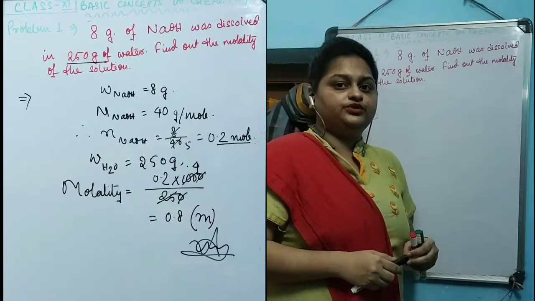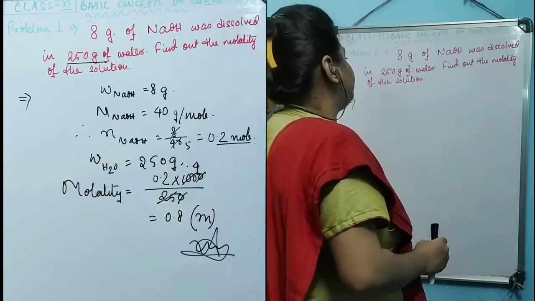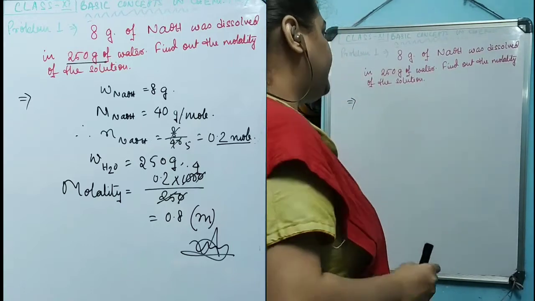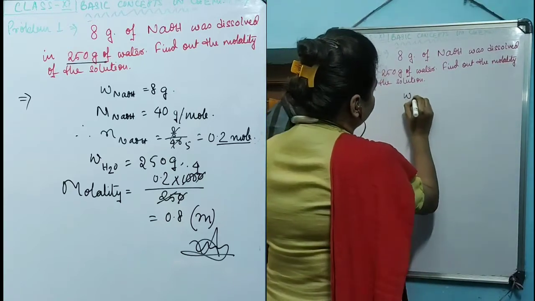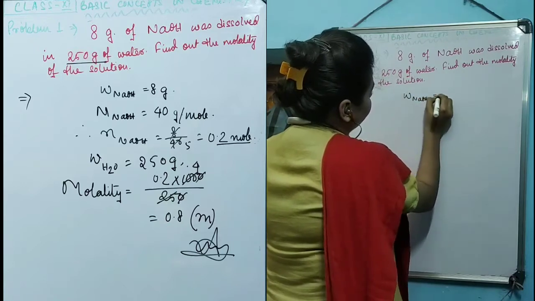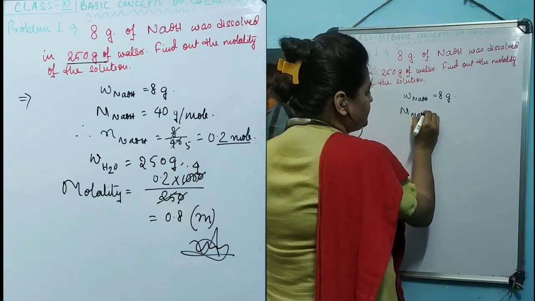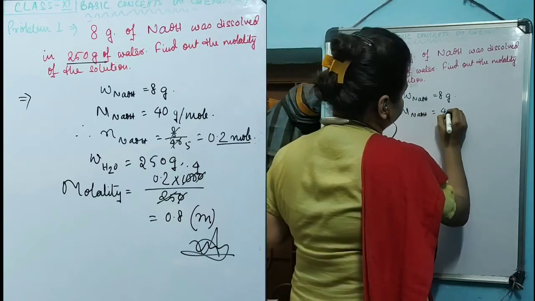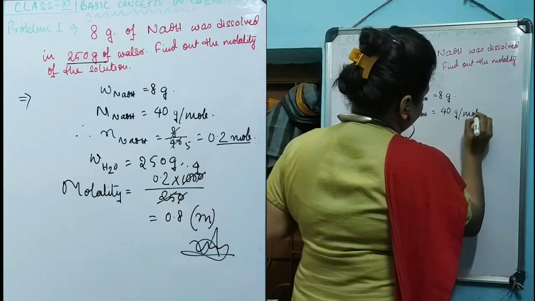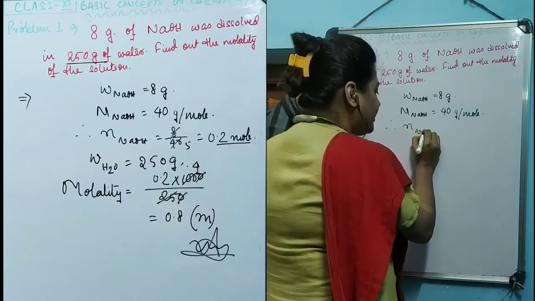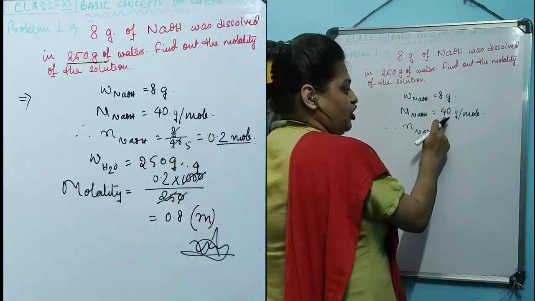The first problem that we are going to try is: 8 gram of NaOH was dissolved in 250 gram of water. Find out the molality of the solution. The information given in the question is the W of NaOH, that is the given mass of NaOH, which is 8 gram. We know that the molecular mass of NaOH is 40 gram per mole. Therefore, the mole number of NaOH we can easily find by dividing the given mass 8 by the molecular mass 40.